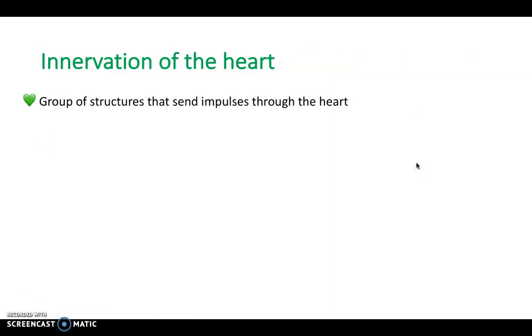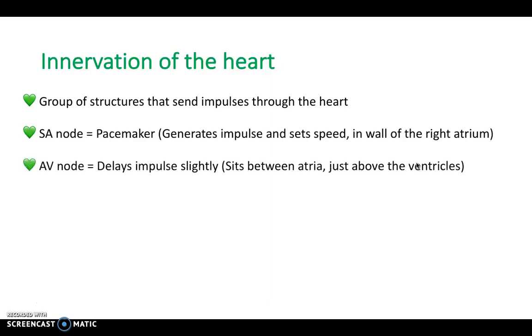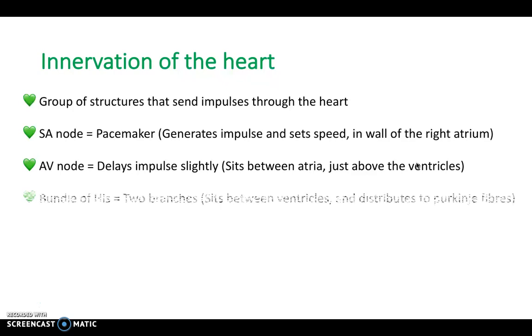So think about innervation of the heart in general. It's a group of structures that send impulses through the heart. The SA node, as we discussed earlier, is the pacemaker, and it generates the impulse and sets the speed, and it's located in the wall of the right atrium. Then you've got the AV node, and this delays the impulse slightly, so it sits between the two atria, just above the ventricles.